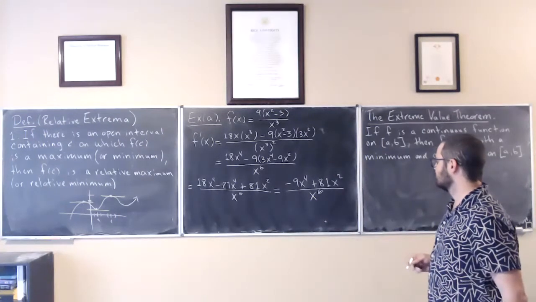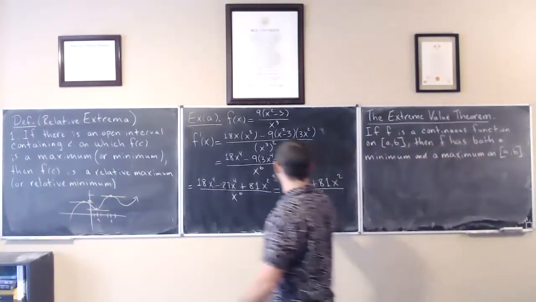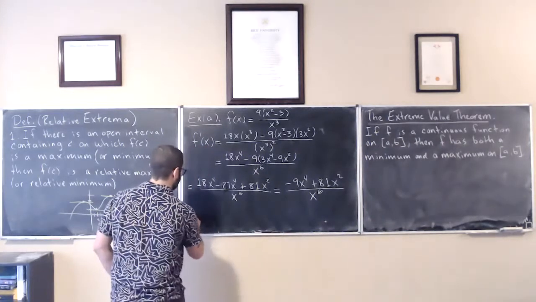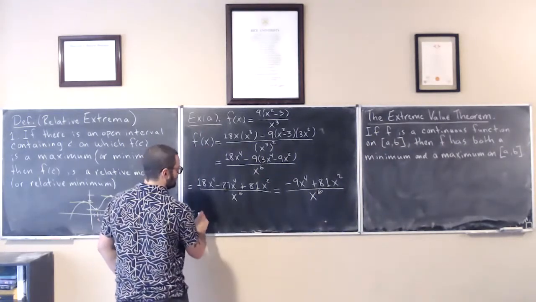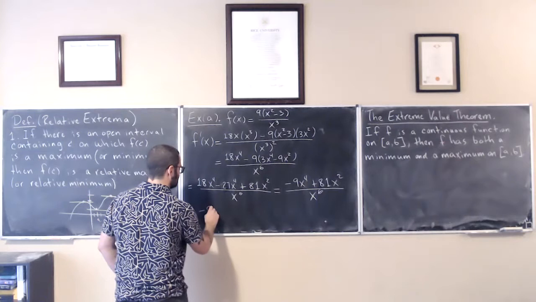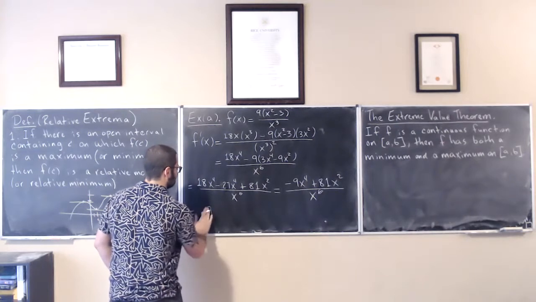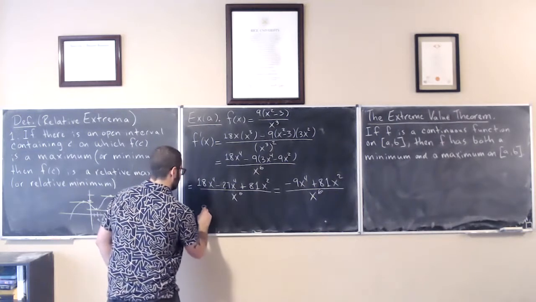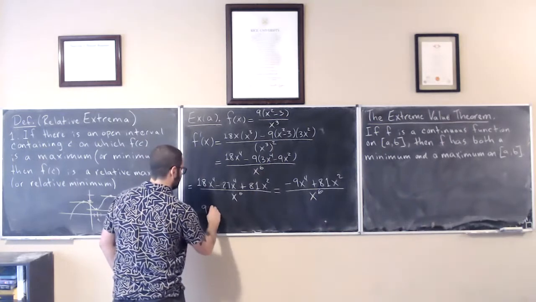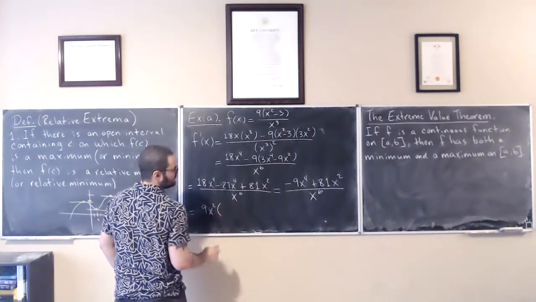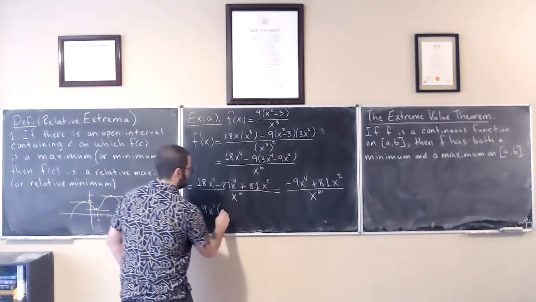Okay, so let's factor out that 9. What do we get? So we can factor out 9 times x squared. And what are we left with?